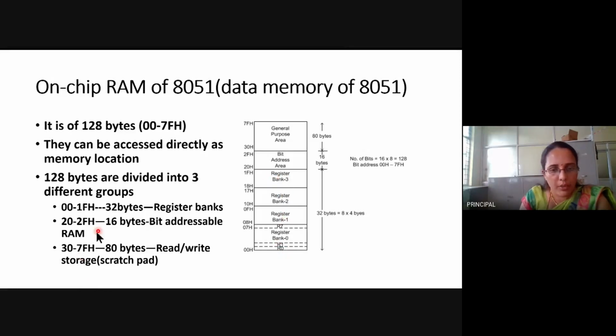Then from 20 to 2FH, it is considered the bit addressable area, and from 30 to 7FH, it is read write or scratch pad memory, which is used for general purpose applications by the user, which is 80 bytes. 80 plus 16 plus 32, overall 128 bytes of RAM.